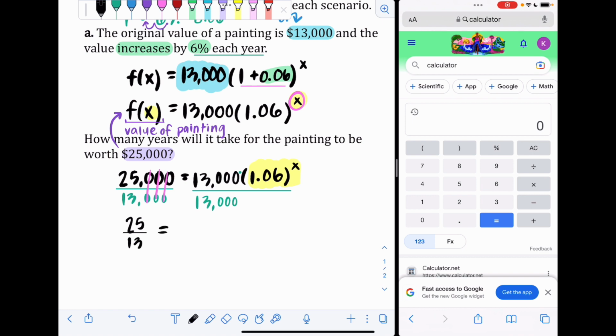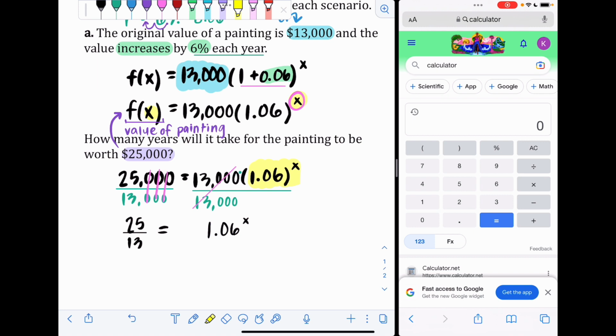And then over here, the 13,000 divided by 13,000 cancels out, and we just have 1.06 to the x power. I'm going to leave a space right here, and I would put a space for yours as well. So now we have the exponential isolated, just 1.06 to the x.